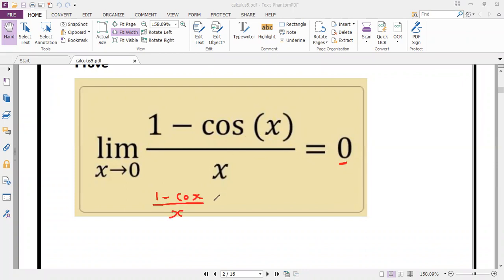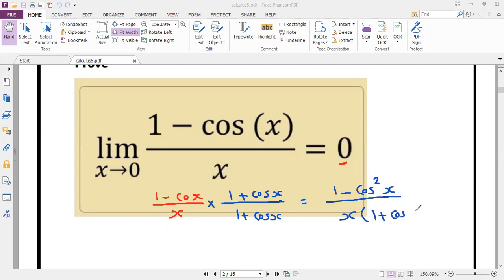The conjugate of 1 minus cosine x is 1 plus cosine x. So 1 minus cosine x multiplied by 1 plus cosine x is 1 minus cosine squared x, over x multiplied by 1 plus cosine x.